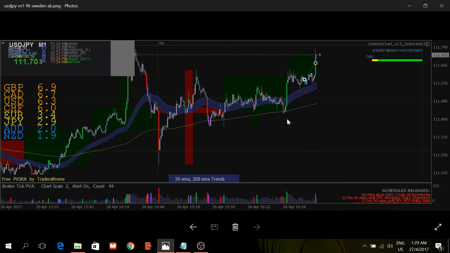Okay, and another thing that made me more sure about this trade is because you can see here there was a red candle that tried to break the 200 EMA downwards. Okay, tried to break downwards but failed to break it, and after that price started to go up again.